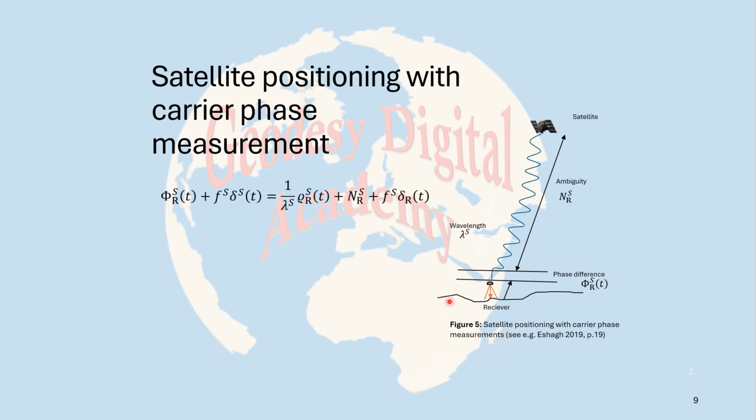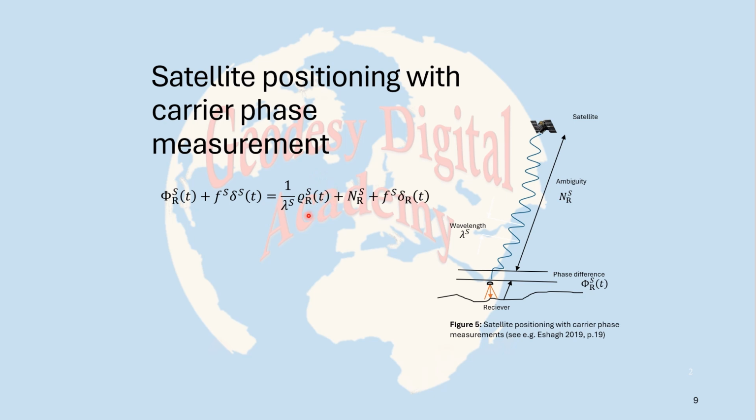The mathematical model for the phase measurements is here. This term is related to the satellite clock error, which normally the satellites send, and we have a mathematical model to correct it, so we will have it. It's not a problem.